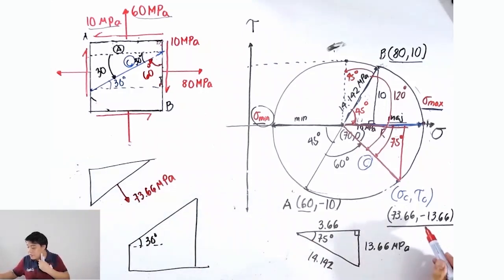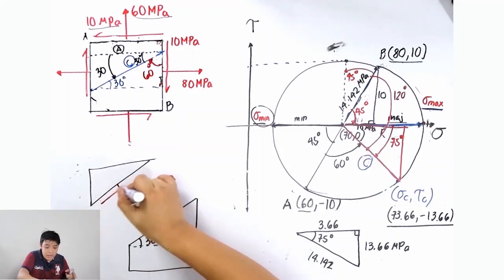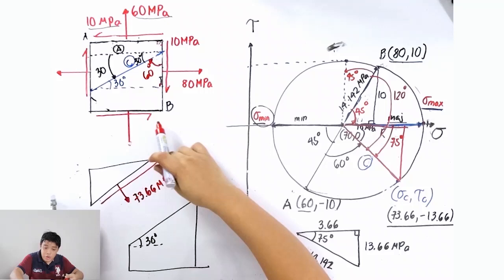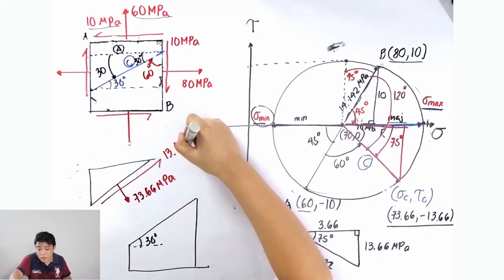And guys, this is negative 13.66, meaning, in our sign convention, I told you that negative shear tends to rotate the body counterclockwise. So you should apply it in this direction so that the effect is counterclockwise. So the direction of shear happening on this plane is 13.66 megapascal.